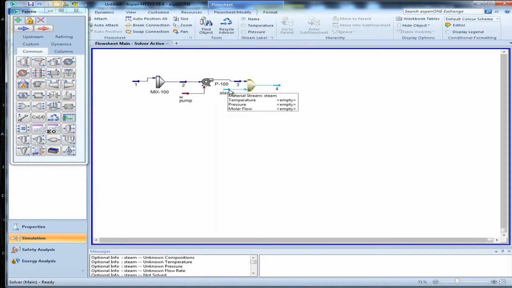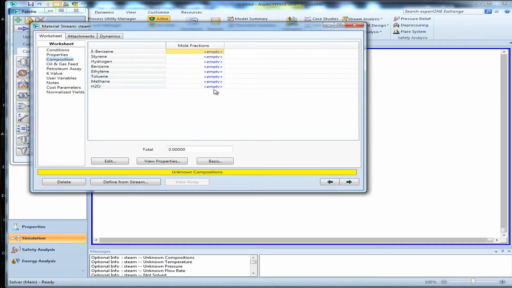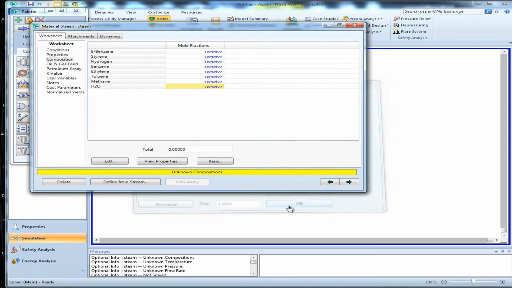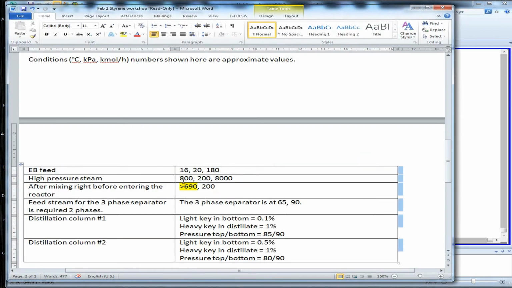Of course, we need to add some information of the steam here. It's going to be very simple because only superheated steam is coming in with the condition. Can you remember that? The temperature is 800 degrees Celsius with a flow rate of 8,000.